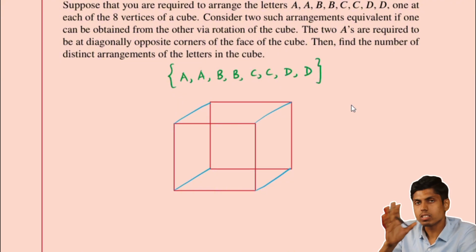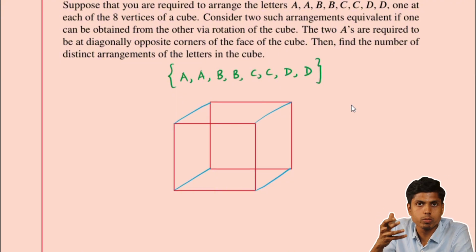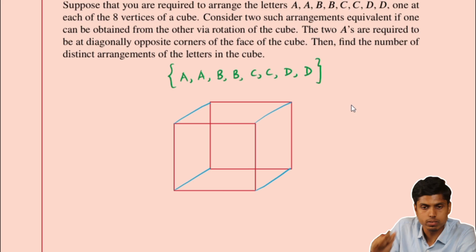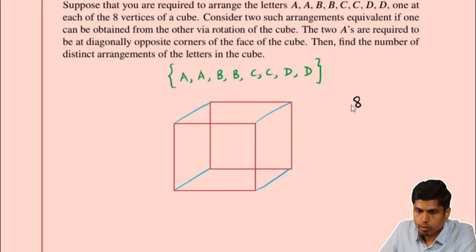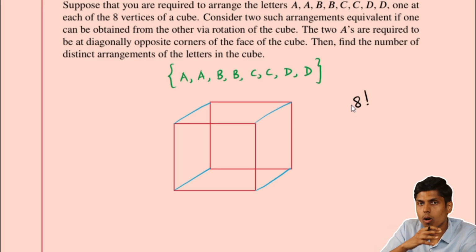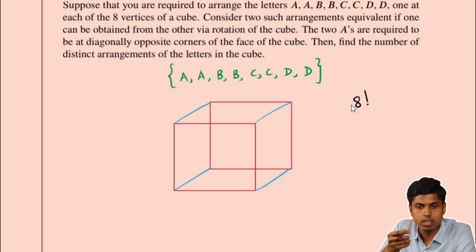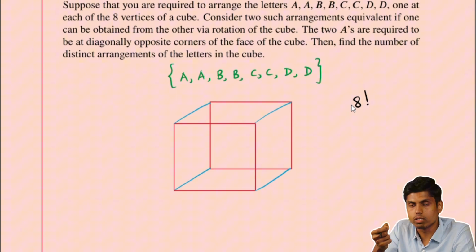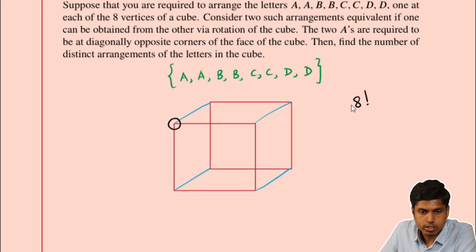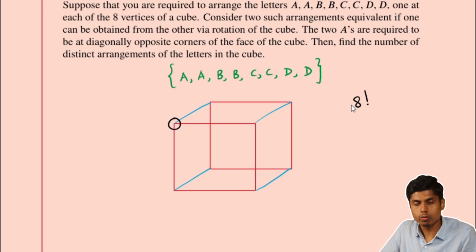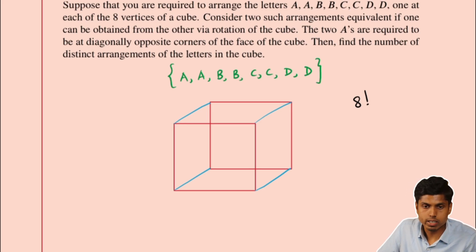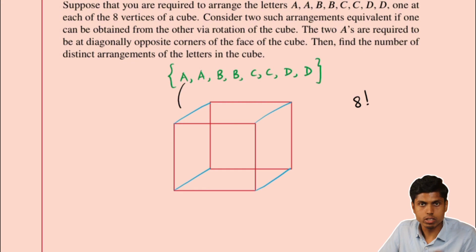Now, if we just wonder about the number of possible arrangements without any constraints, it would just be 8 factorial, permuting all the 8 letters onto the 8 vertices of the cube. For the first letter you will have 8 possible vertices, for the second letter 7 possible vertices, and so on.